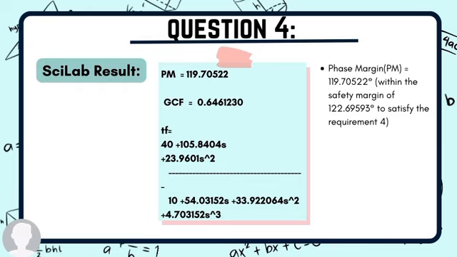The gain crossover frequency is 0.6461230 Hz. And then this is the new transfer function. The phase margin of 119.70 is within the safety margin of 122.69. It satisfies the requirement.